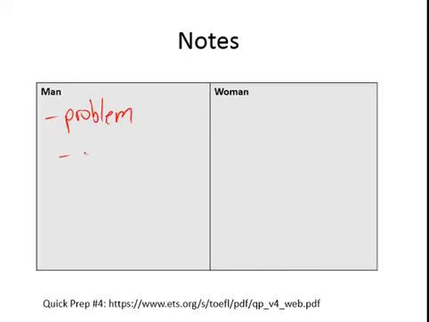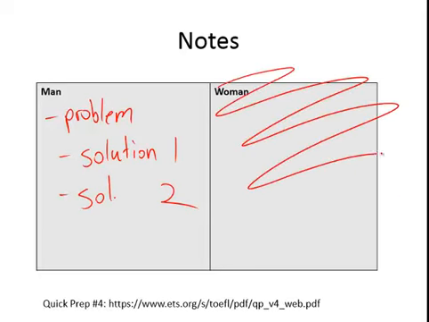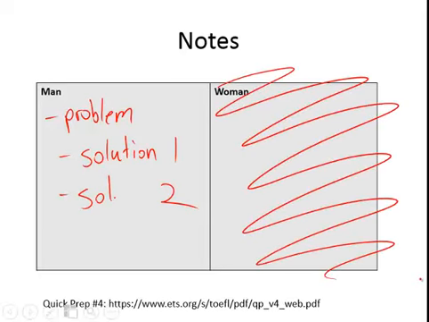He tells her one possible solution. And then he tells her another possible solution. So actually, I'm only going to use one column. You don't need to use both columns, but it can help you to remember who spoke.